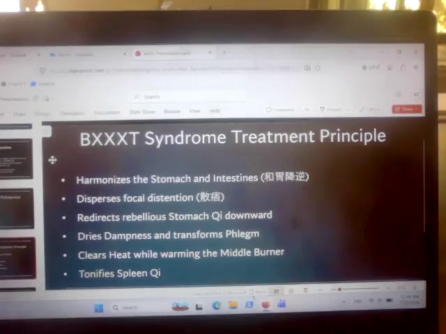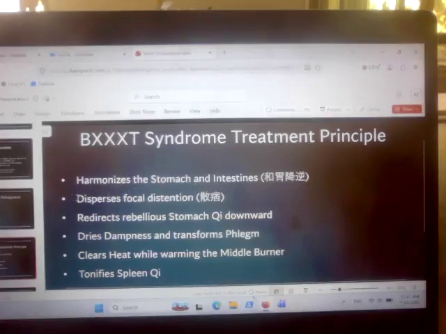That is, what kind of principles we follow when Xia Xie Xin Tang is used. The first rule for this principle is to harmonize. Xia Xie Xin Tang is used to harmonize the stomach and intestine.